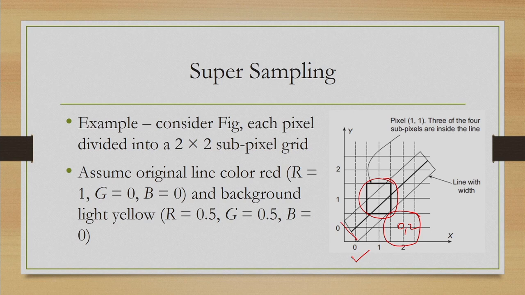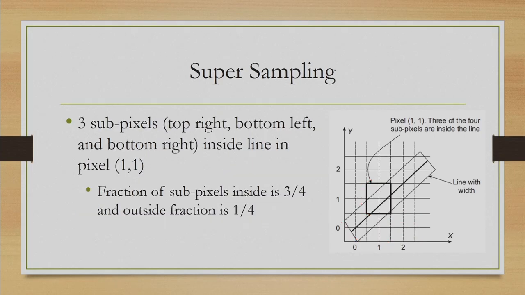Now, let us assume that the original line color is given by these RGB values and the background light is yellow, again with these RGB values. So, then how to choose the actual color after rendering?